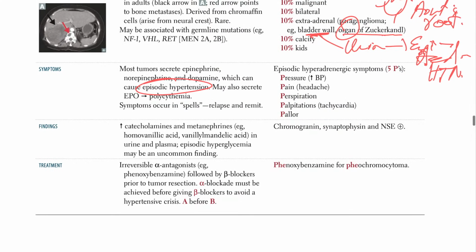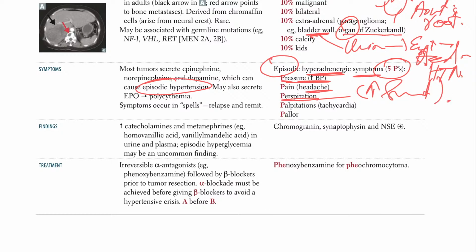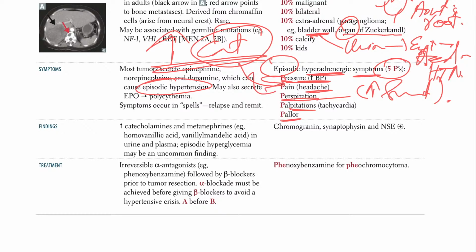Now with this, the important thing is you would have episodic hyperadrenergic symptoms, 5 P's, meaning increase in blood pressure, headache, perspiration, which essentially means increase in sweating, right? Palpitation, and pallor. Again, if you have a lot of catecholamines in the bloodstream, it will cause increased BP, which will lead to headache, increased sweating, tachycardia, and pallor.